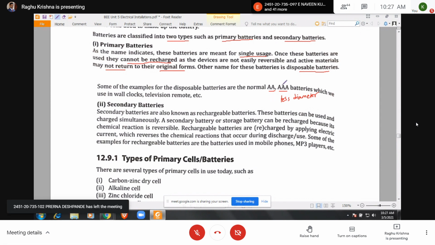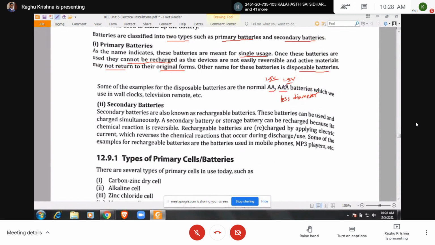Both are of equal voltage, 1.5 volts, but the current flow will be high in AA batteries compared to AAA batteries.